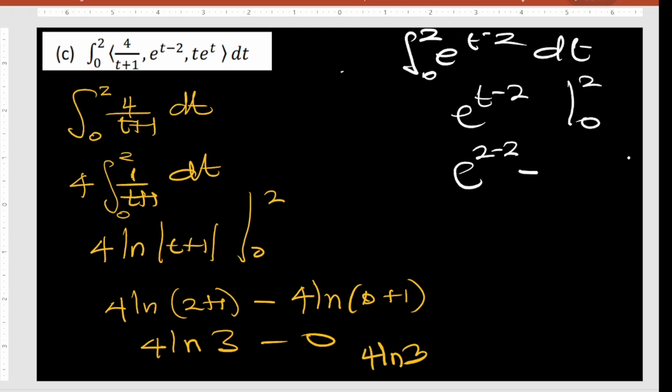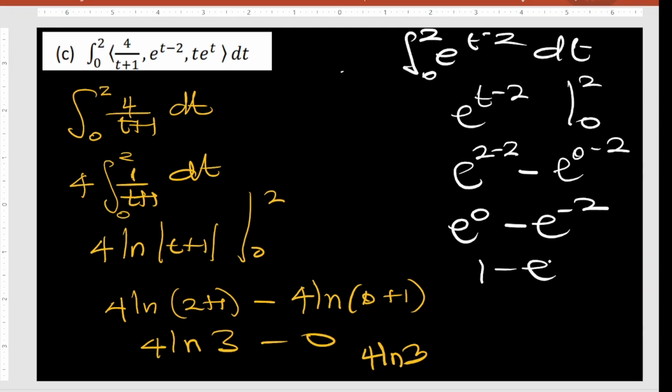Then take away the value of the lower limit, e exponent 0 minus 2. This will be e exponent 0 minus e exponent negative 2. E exponent 0 is 1, minus e exponent negative 2. So that will be the result of the second component function.